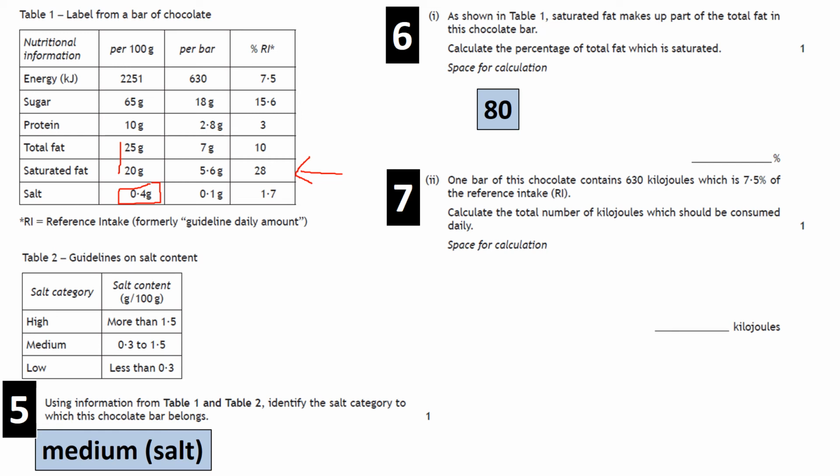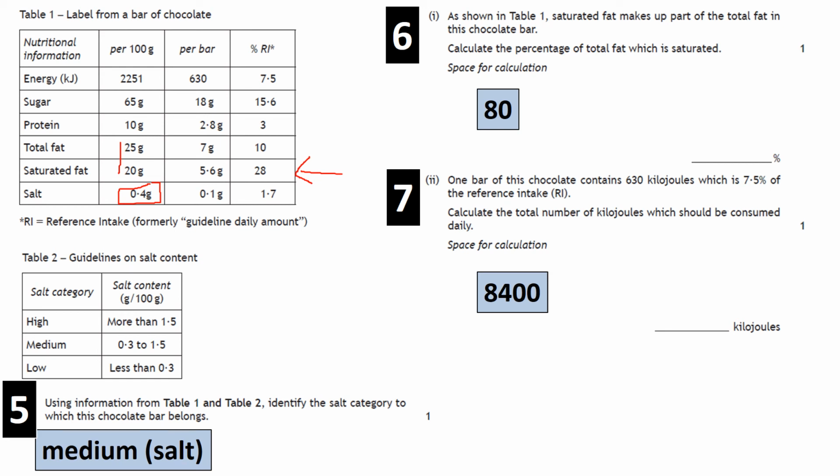Part 2, 1 bar of this chocolate contains 630 kilojoules, which is 7.5% of the reference intake. Calculate the total number of kilojoules which should be consumed daily. So if 630 is equal to 7.5%, then you have to get to 100%. The answer is 8,400 by the way.